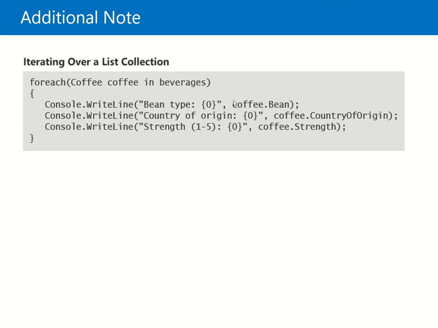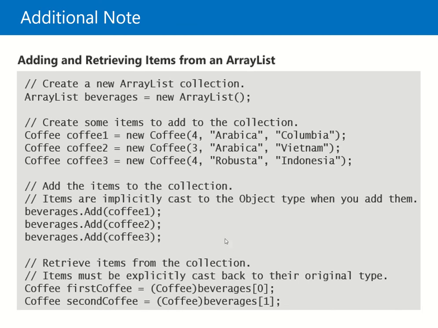Whatever value is held by this variable will be displayed in this placeholder. So the first console write line would be bin type colon, whatever the first value is, beverages 0 dot bin. Beverages dot bin is Arabica. So this is beverages 0, beverages 1, beverages 2.